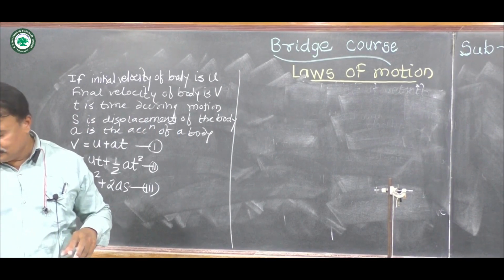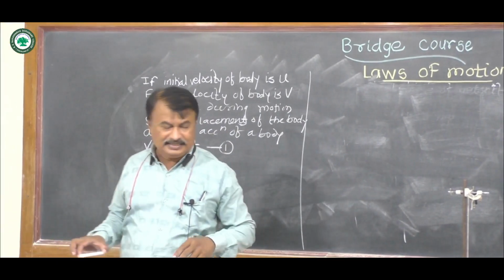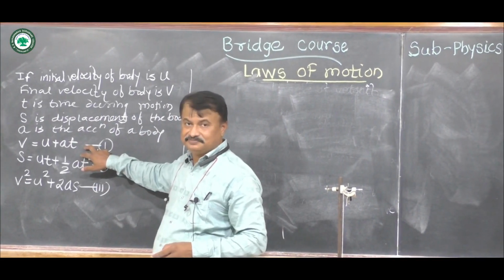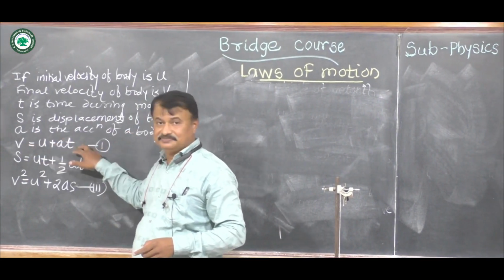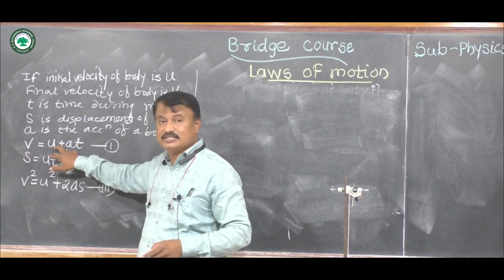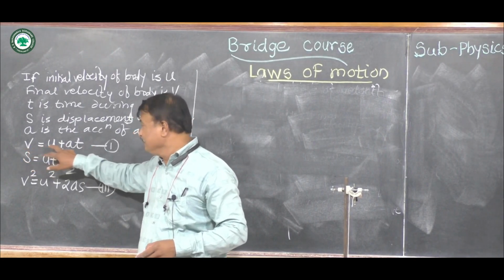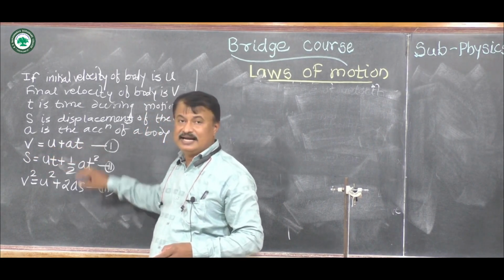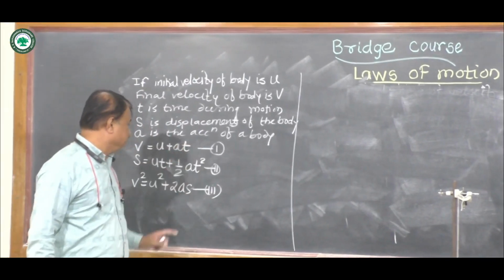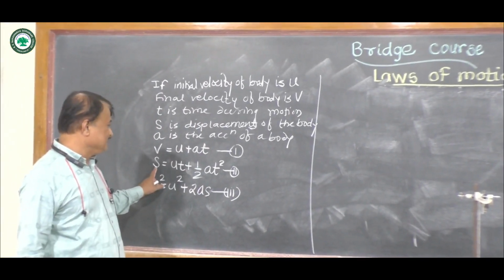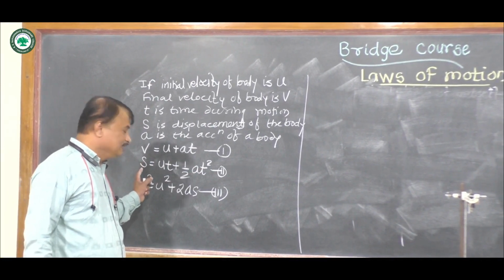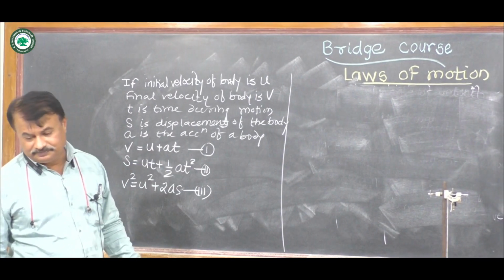describing the relation between velocity and time. We have to prove this equation. If you consider this equation, v is the velocity, u is the velocity, so it is the relation between velocity and time. In that case s is displacement and t is the time, so this is the relation between displacement and time.